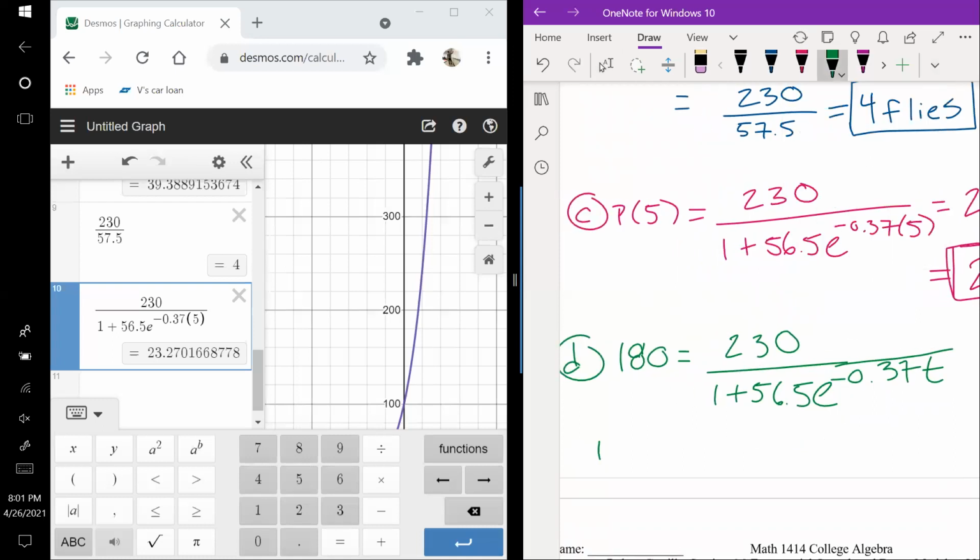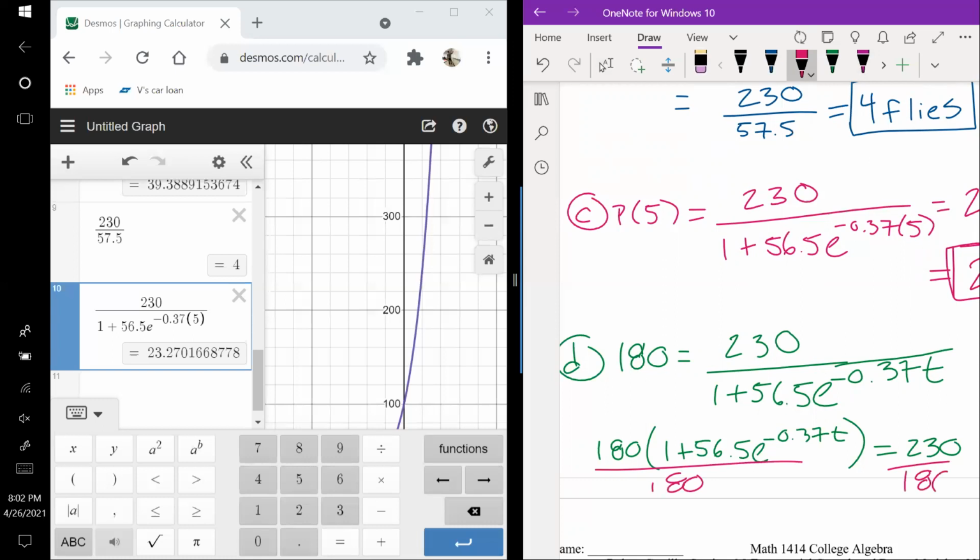We'll have 180 times 1 plus 56.5 e to the negative 0.37t equal to 230. Then we divide by 180 on both sides.